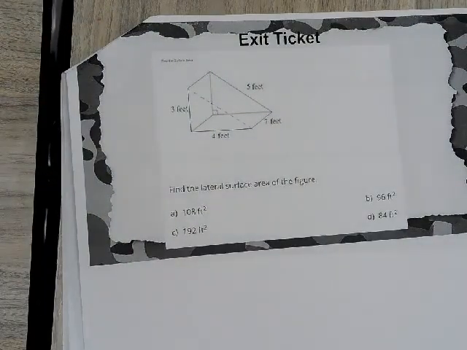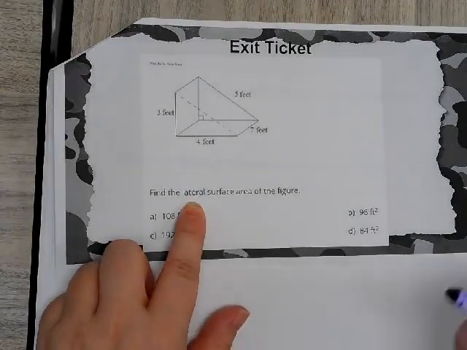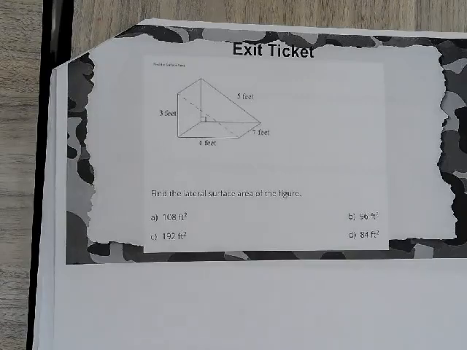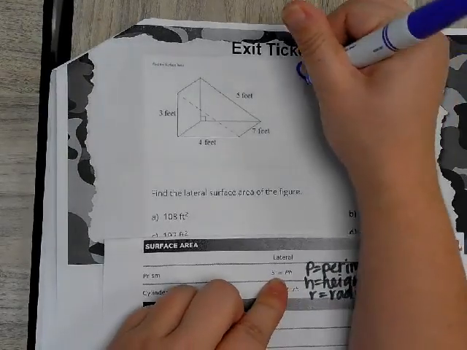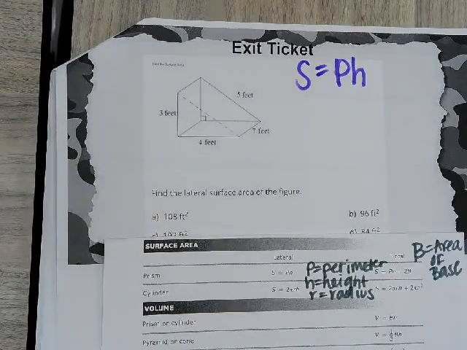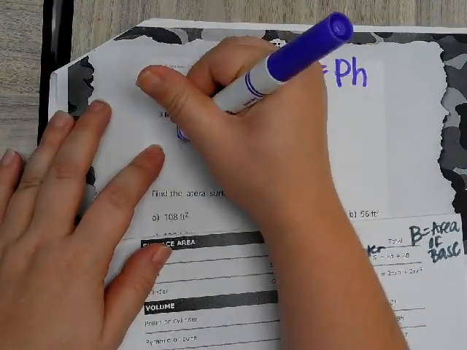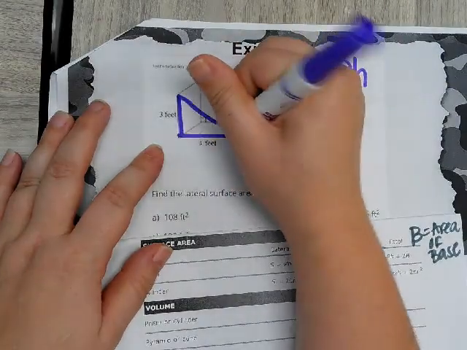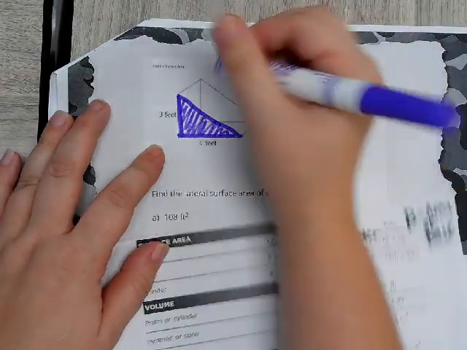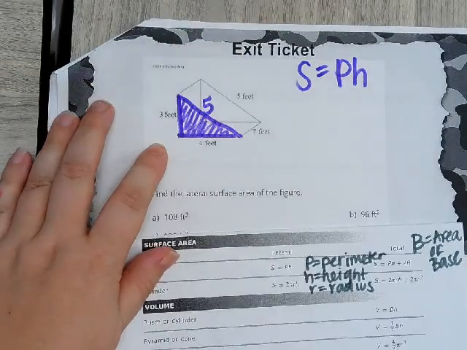Okay, so we have lateral surface area, and this is a triangular prism. So I'm going to write S equals PH. That is my formula. Okay, let's identify my base. My base is this triangle right here. First, we have to find the perimeter of my base.